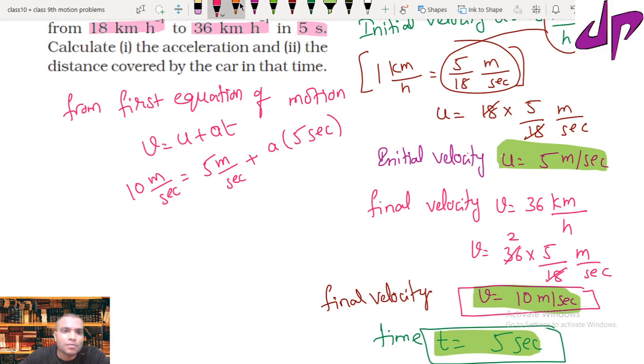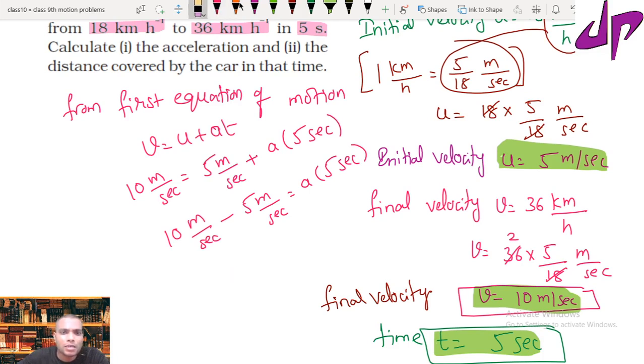Now you can bring this value to the other side. 10 meter per second minus 5 meter per second equal to a times 5 seconds. You can subtract these two values.